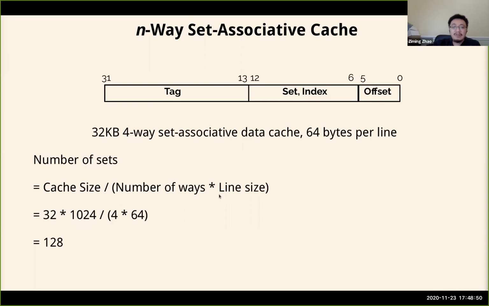Then each cache line is 64 bytes, which means the number of sets is the cache size divided by the number of ways times the line size.